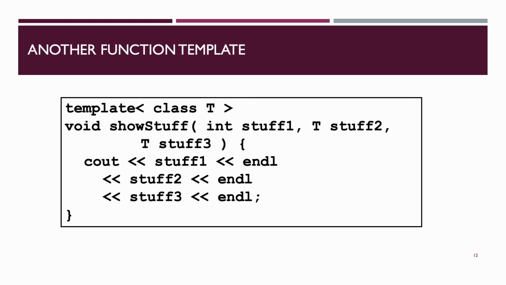Again, we have the function show stuff, and then we have stuff 1, stuff 2, stuff 3. These templates allow the function to work with different types for stuff 2 and stuff 3 while maintaining flexibility.